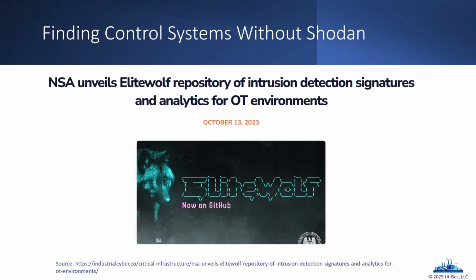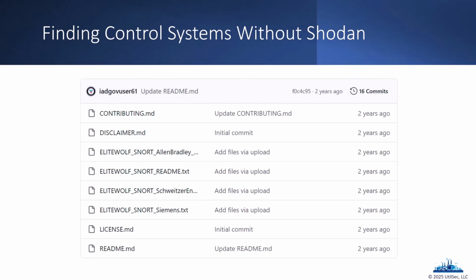And so while that was very cool, when they came out with the EliteWolf project and they said it's OT focused, I was like, oh, this is so exciting. And then when you would go to their GitHub repository, you would actually see really just three main text files. I opened it up, because I just saw Allen Bradley, Siemens, Schweitzer.